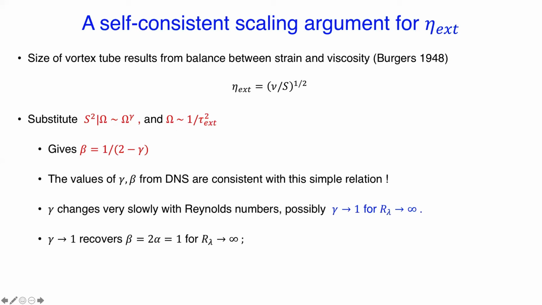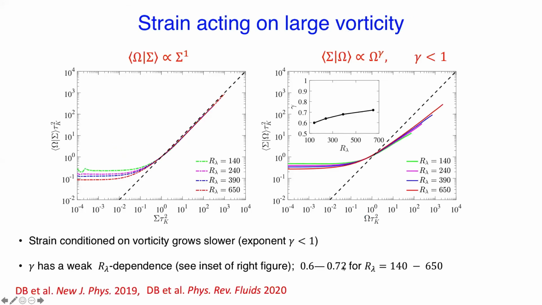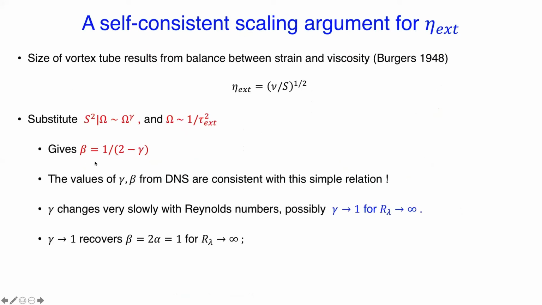If we substitute these into this expression, we end up with beta equal to 1 over 2 minus gamma. If we use the gamma values I showed earlier, then approximately the beta that you get is very close to the beta that we have from the earlier collapse of the PDFs. So it's a very self-consistent behavior across the R lambda that we have.